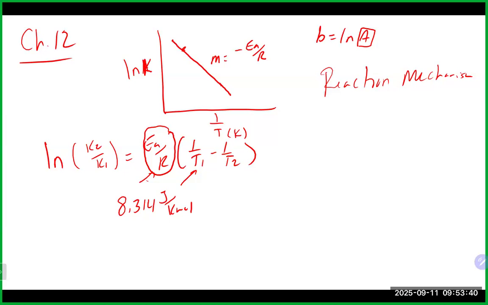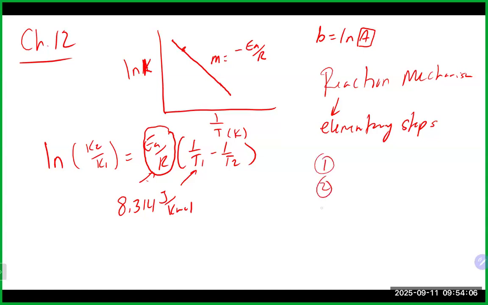A reaction mechanism is a proposed way at which you could get to an overall reaction. And those are usually made up of what are referred to as elementary steps, or reactions.